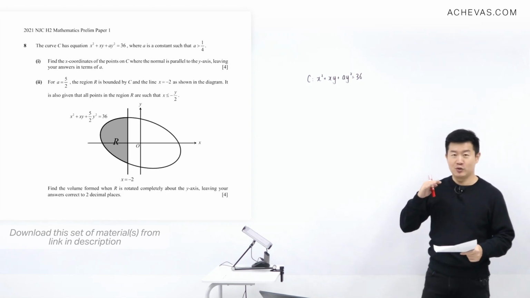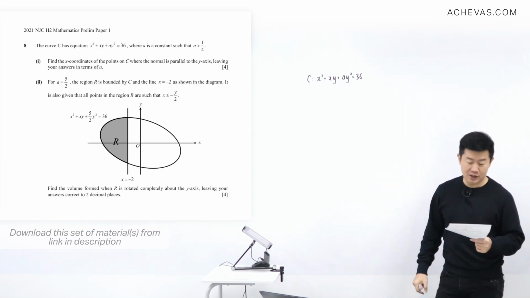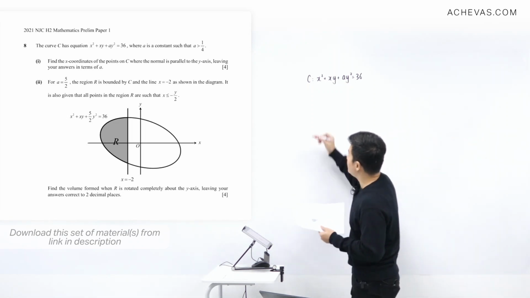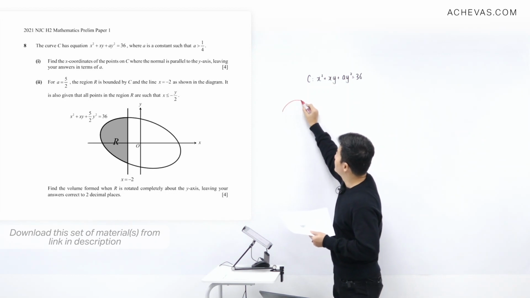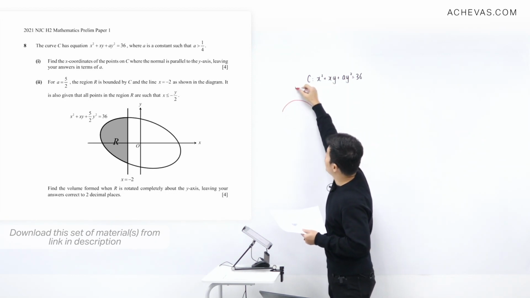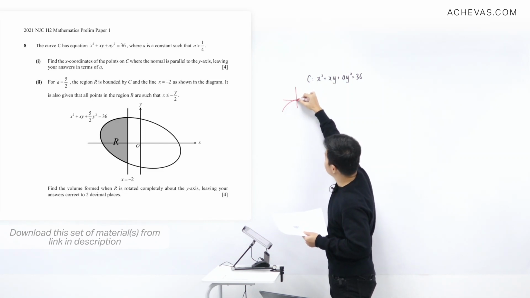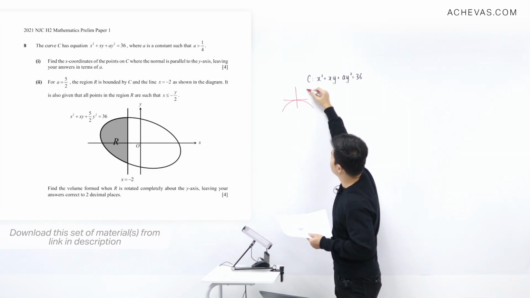Just to make sure that we understand the question correctly, let's try to do a quick sketch of the scenario. We are looking at a curve such that its normal is parallel to the y-axis. Let's say this is the y-axis here.